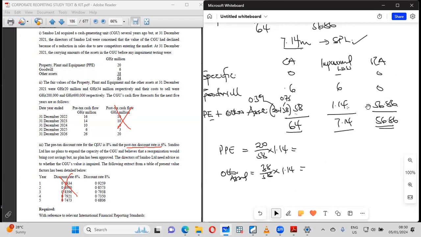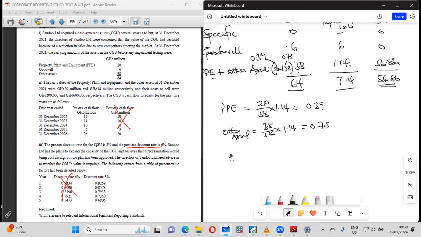The PPE, if we separated it, gave us 0.39, and this one was 0.75. If we are recording those in our SOFP, goodwill is the intangible. It is 0, so nothing will be recorded.